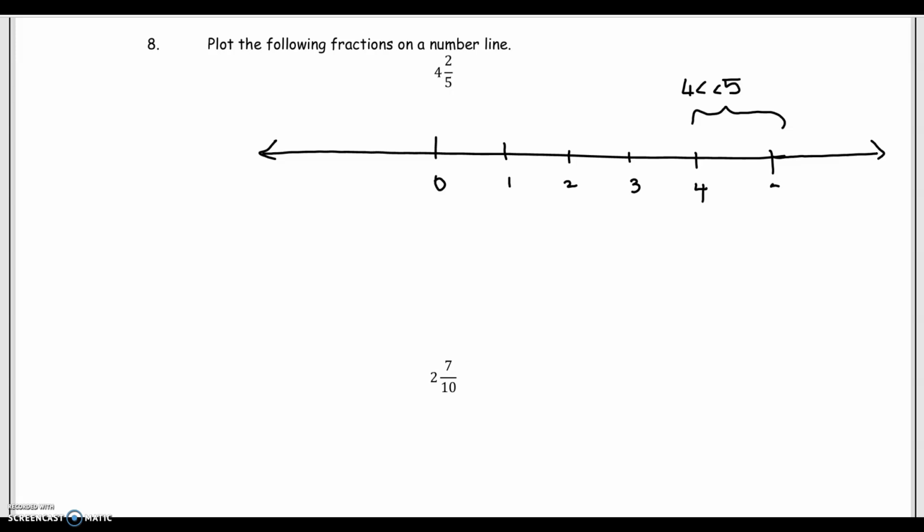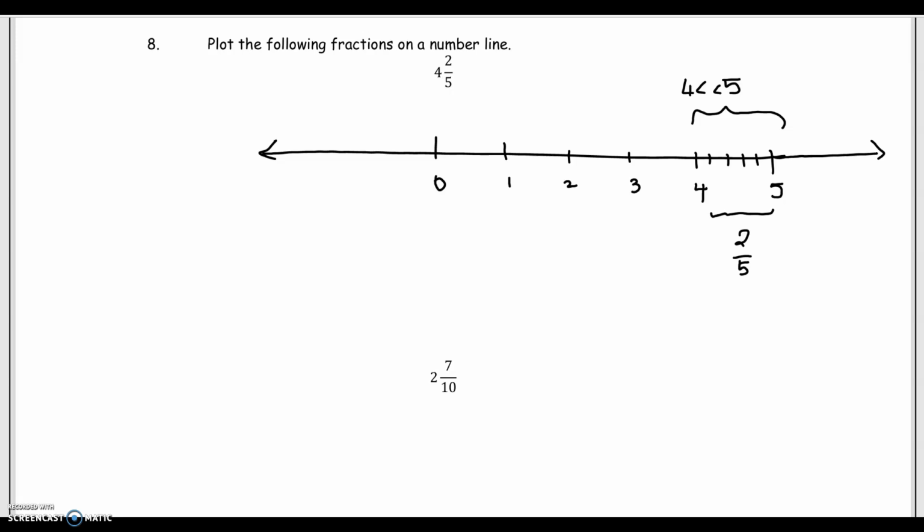Now let's see exactly how we place it. So it's 4 and more. And how much more? 2/5. 2 out of 5 equal parts. Let's see if I can draw 5 equal parts. 1, 2, 3, 4. That divides this section into 5 equal parts.